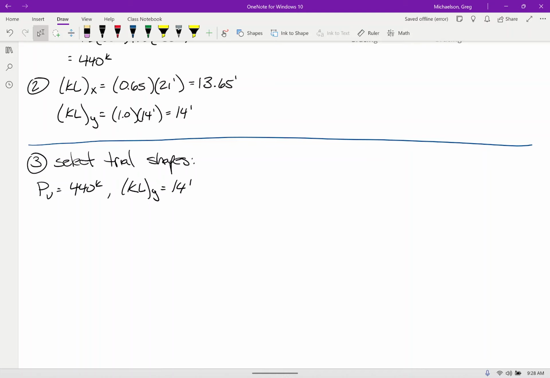Okay? The next example is going to be a little bit more comprehensive, but let's get familiar with this. So here's how this is going to work.